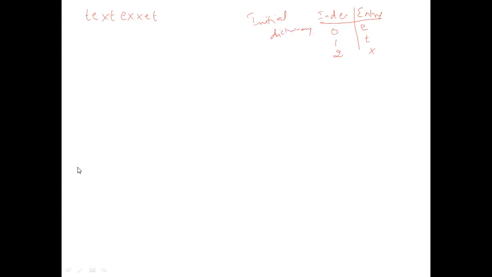Now let us understand how encoding is performed on the transmitter side. Then I will also tell you how decoding is performed on the receiver side. First, encoding on the transmitter side.